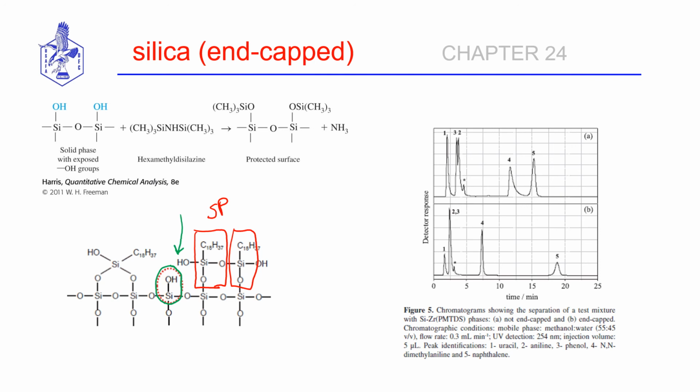So if I want to end cap, once I've reacted with my initial big R group, I can follow up reacting the surface with something like hexamethyldisilazane or TMCS, which is trimethylchlorosilane, in which we would have three CH3 groups attached to my silica, and there would be one chlorine for its point of attachment.